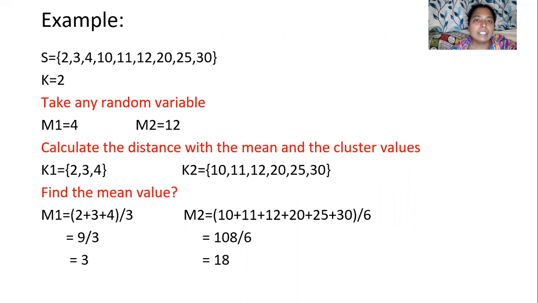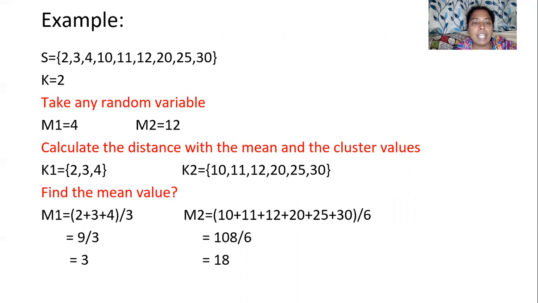So here, this is a numerical example for K-means. S is the data set with 10 data points: 2, 3, 4, 10, 11, 12, 20, 25, and 30. The K value here is 2, which means we have to split the data points into 2 clusters.